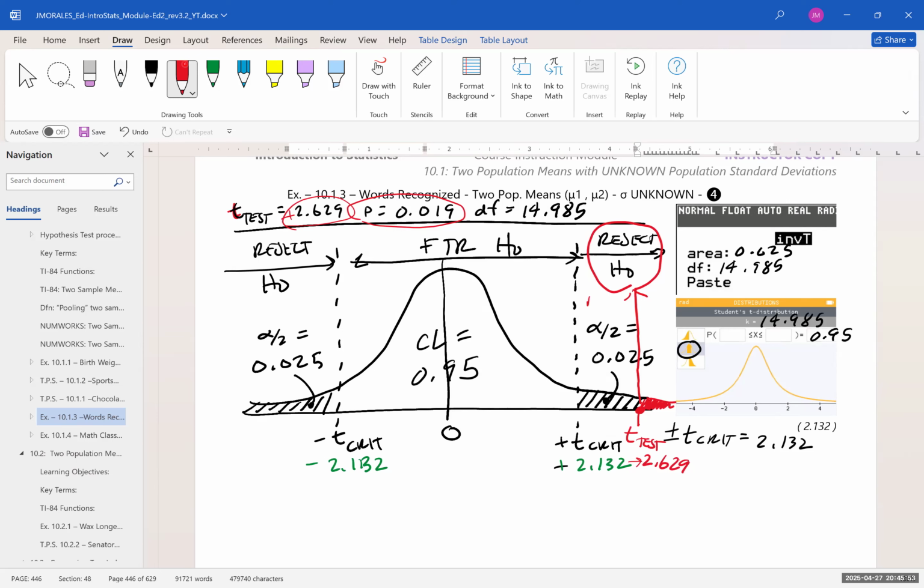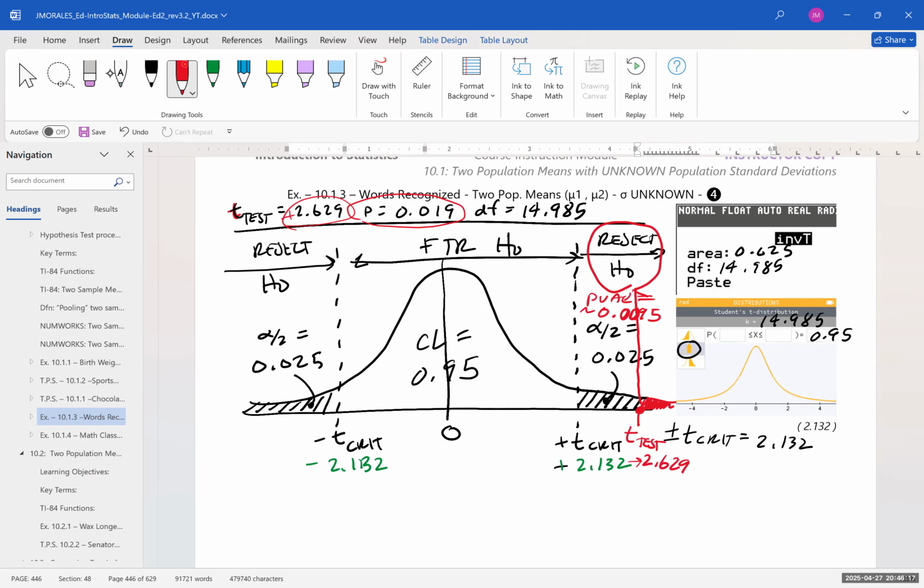So our p-value in this one little tail is 0.0095. Actually, it should be two zeros here. 0.0095.